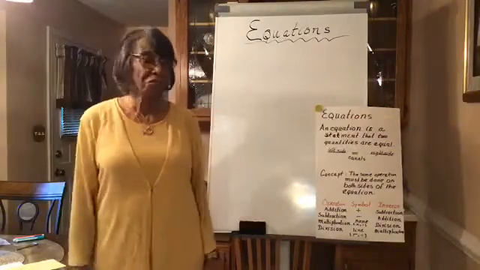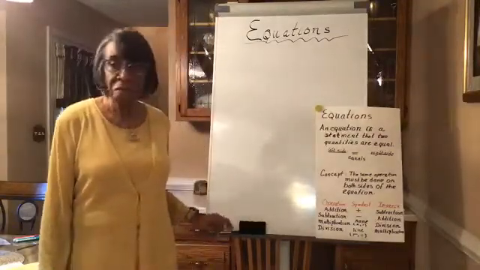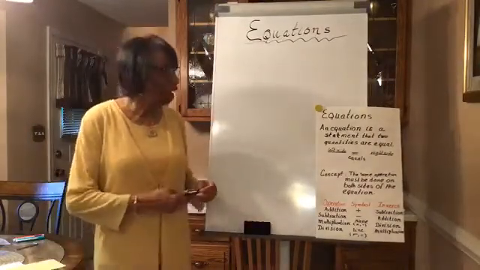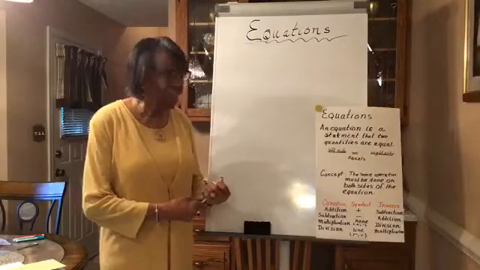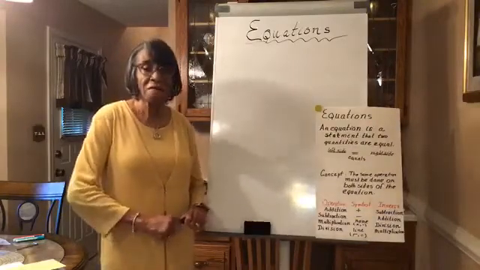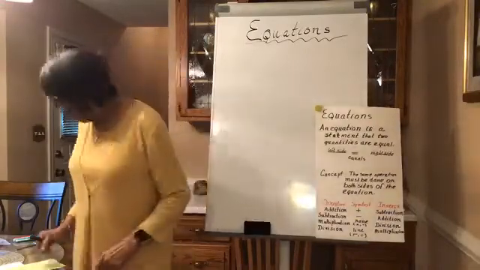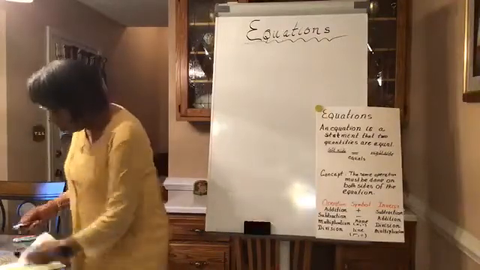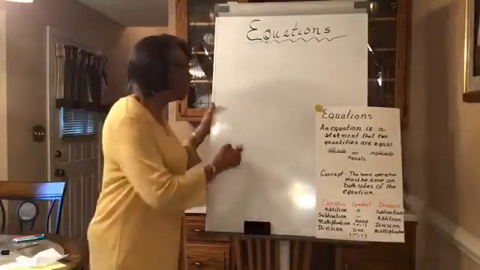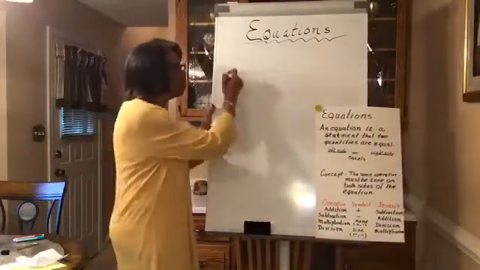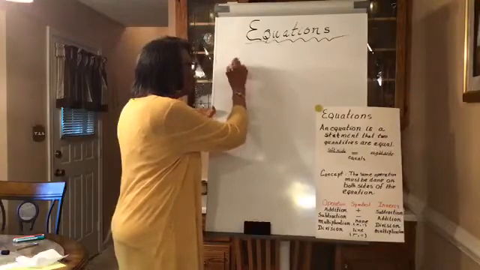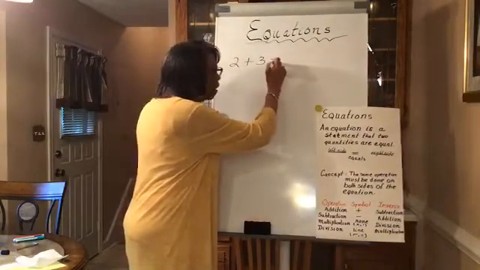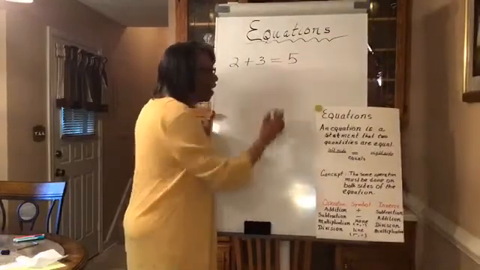The same is true when you're working with numbers. When you're working with numbers, an equation has to have a left side, a right side, and they both have the same value. Let's look at some equations that you have in elementary school. 2 plus 3 equals 5.